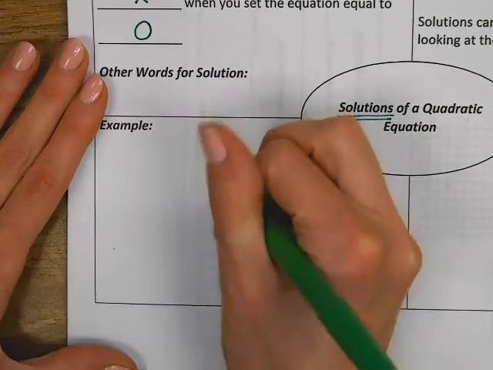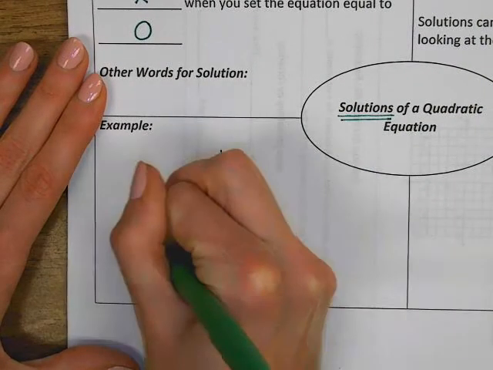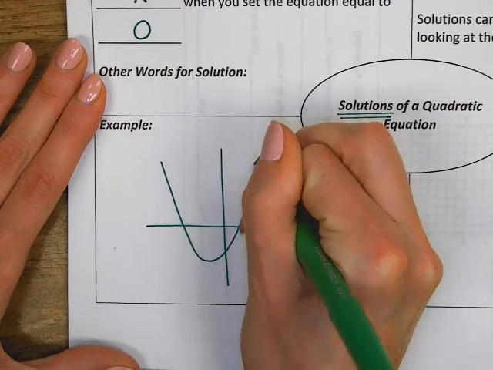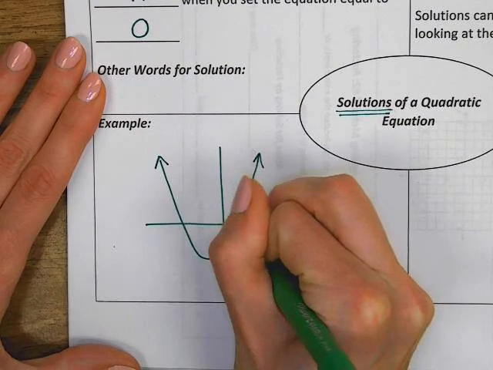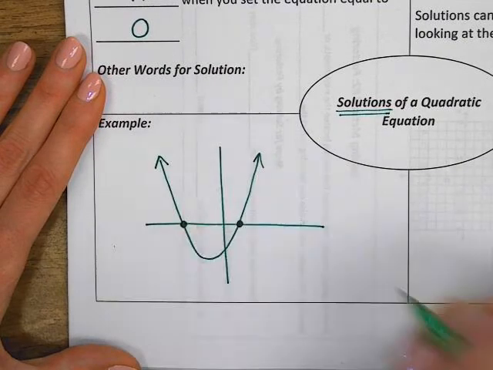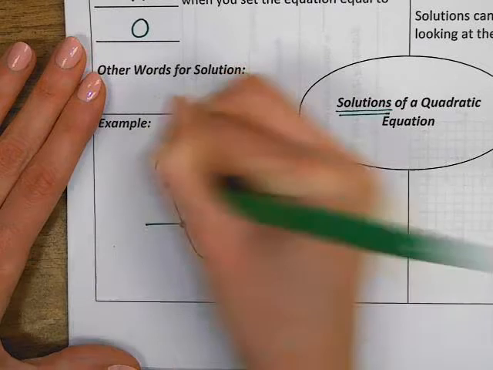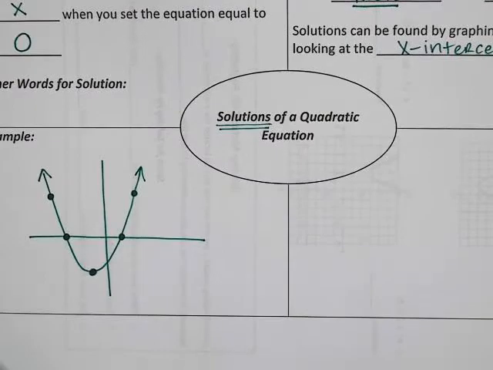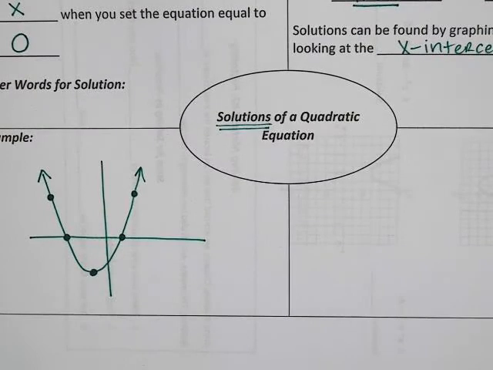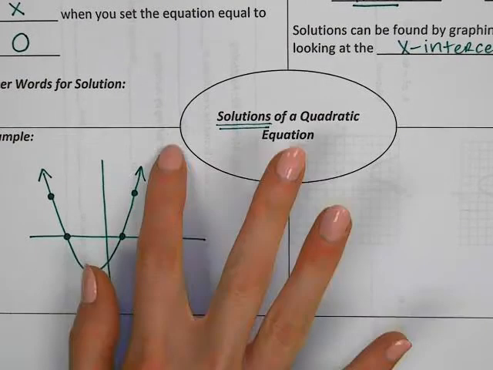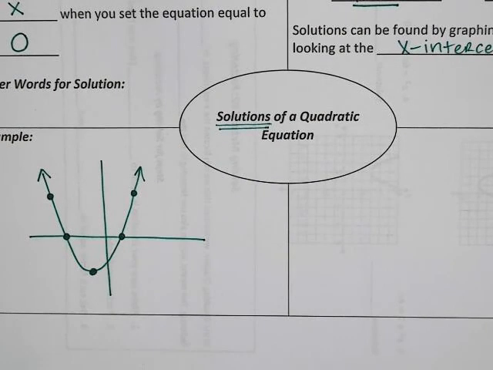Okay, let me give you a picture for the graphing ones. So I'm going to draw a parabola, let's have it look something like this. And let's say there's a point here, and here, and here, and here, and here. Can you circle which points here are the solutions of the parabola?